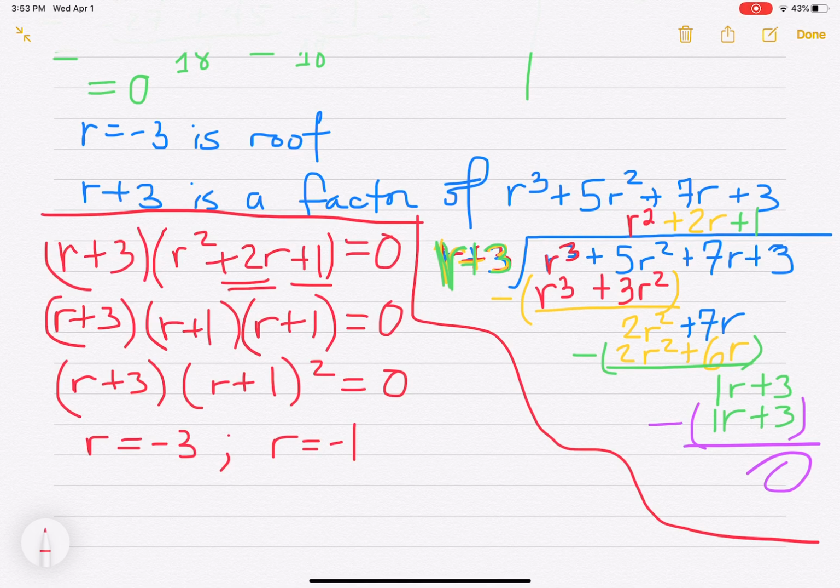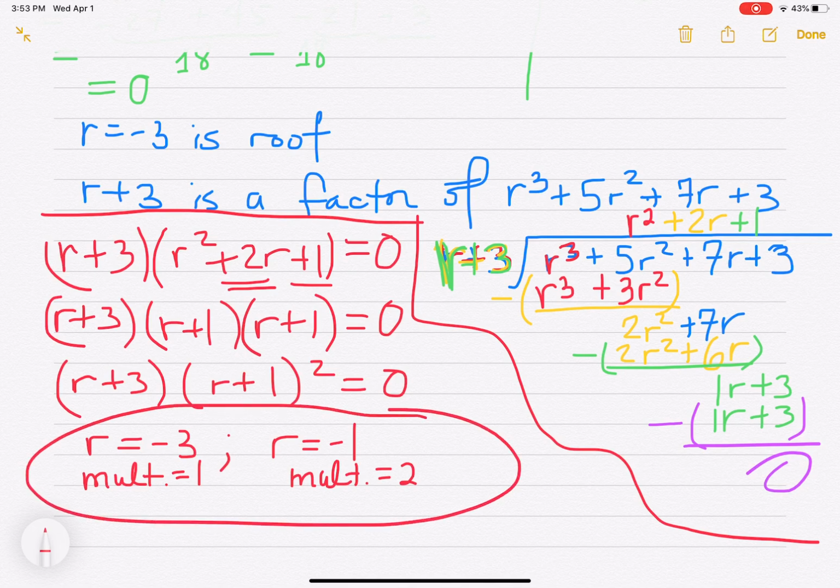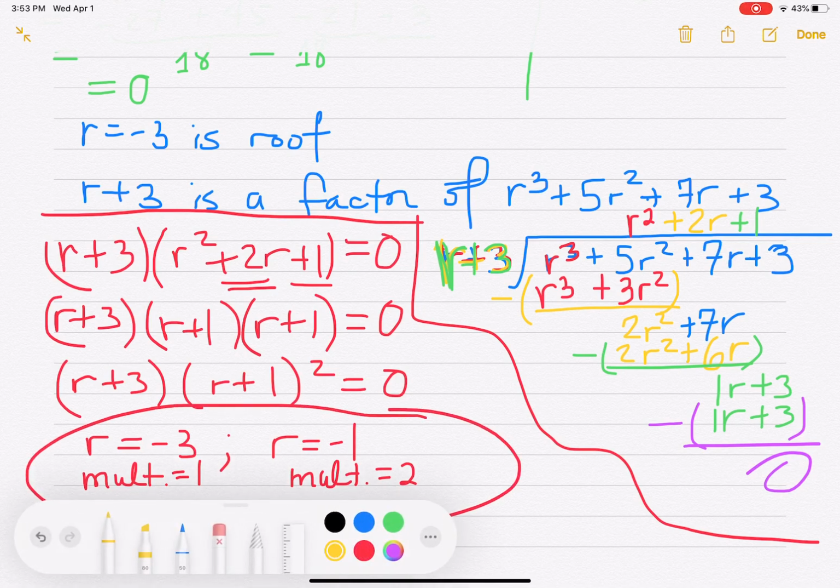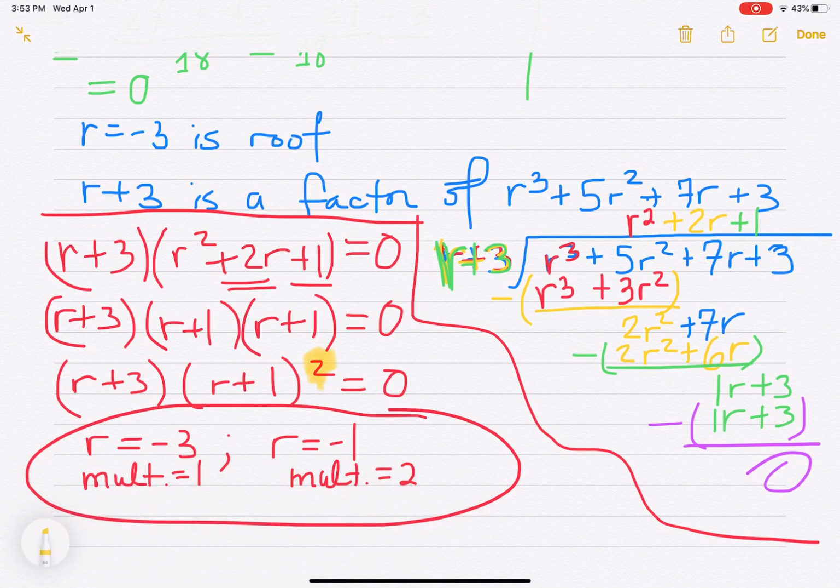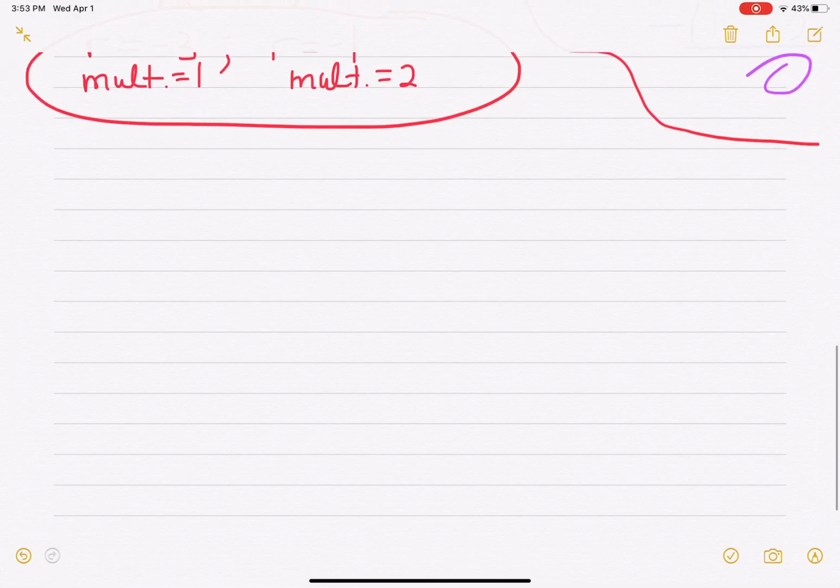It turns out that r equals negative 3 has multiplicity 1, and r equals negative 1 has multiplicity 2. Why multiplicity 2? Well, look at the power over r plus 1 there. It's 2.